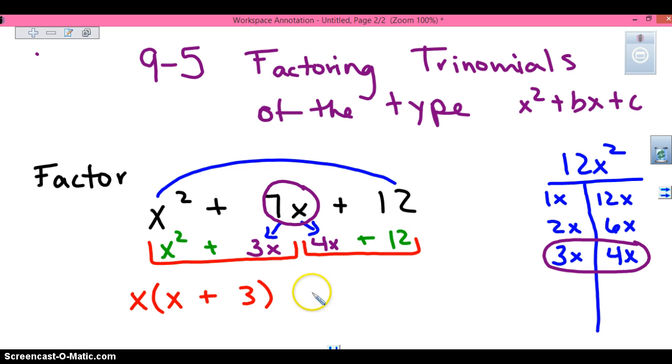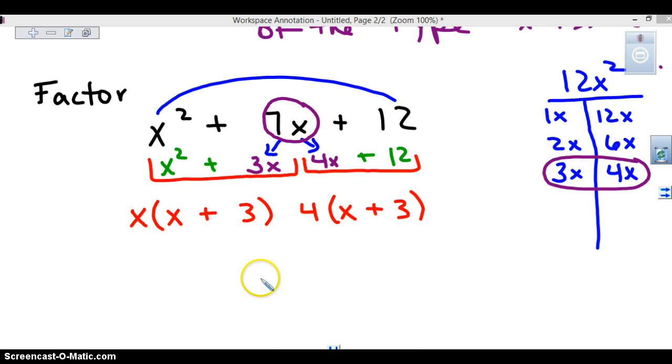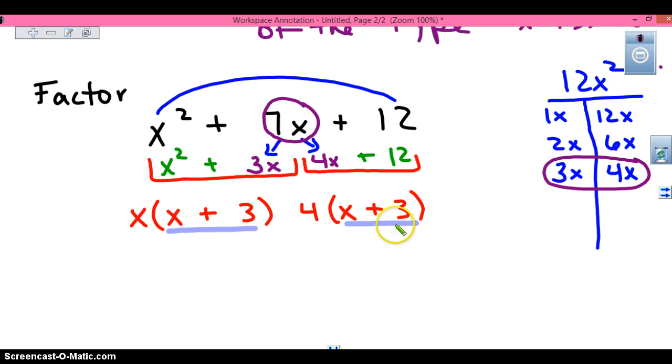4x and 12, I can factor out a 4. 4x divided by 4 is x, and 12 divided by 4 is 3. Notice that the binomials are exactly the same. See how this binomial is exactly the same as this binomial. That's what I want.